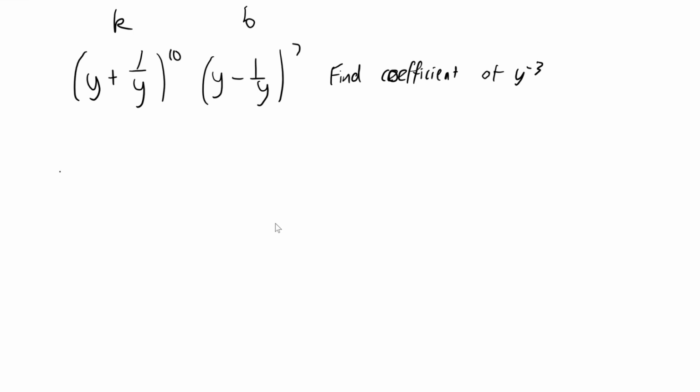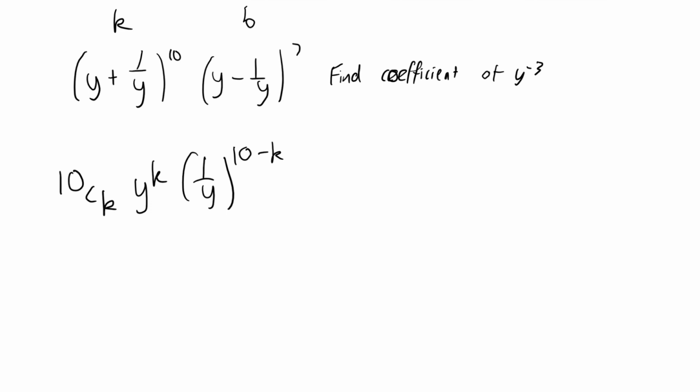So next what you want to do is this degree, and you want to do 10 choose k, times y to the k, which is the first term here, times the second term here, 1 on y to the power of 10 minus k.